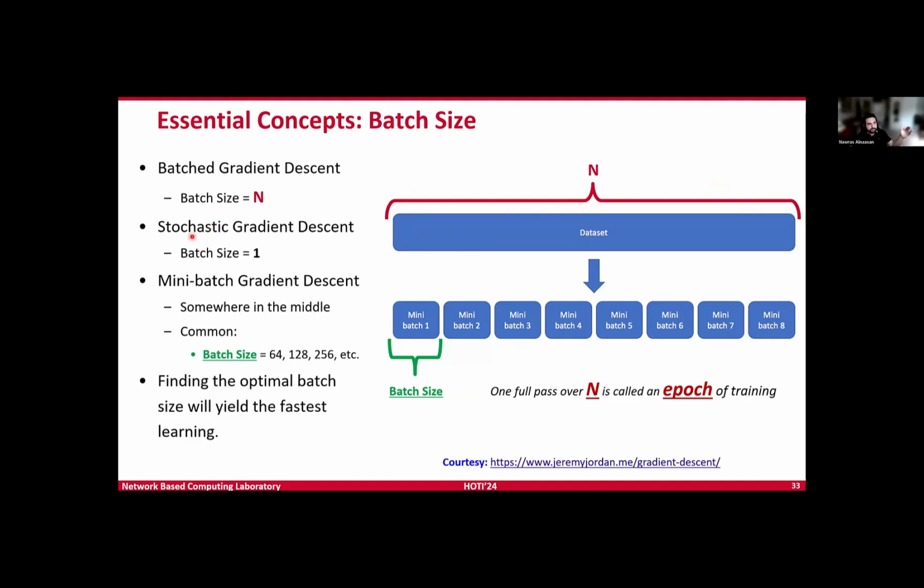Whereas with the second algorithm, stochastic gradient descent, the batch size is 1, which means we randomly select a sample from the data set. Based on that sample, we do the forward pass, we do the backward pass, and we update the model weights. Then we proceed to the next sample in the data set. With that, we have many, many updates. In fact, we have n updates.